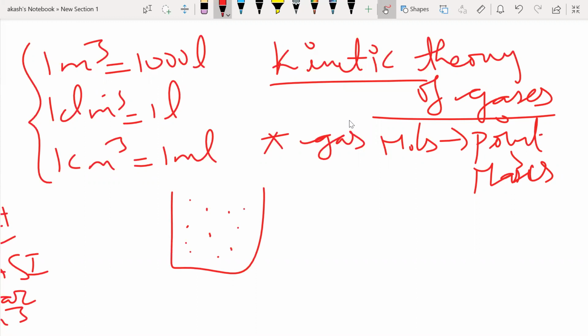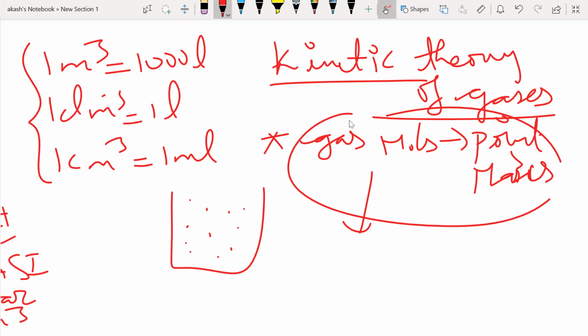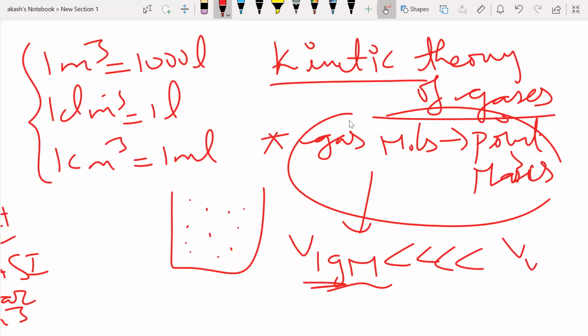Now from this I will be able to get one understanding. If I compare the volume of one gas molecule, I just write GM, one gas molecule. If I just take one gas molecule's volume, that is very, very, very less when compared to the volume of the vessel, or the volume of the whole gas.